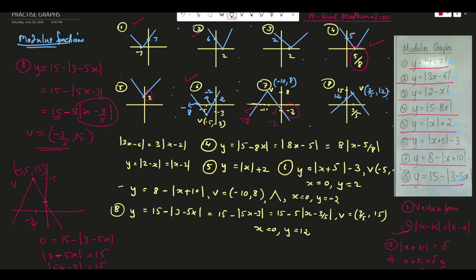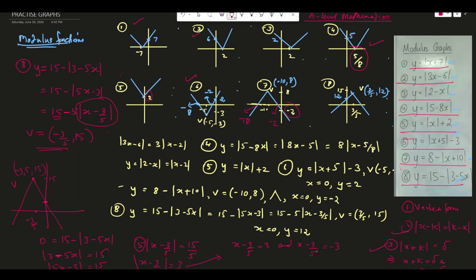Now, if I take 5 common out, this will be 5 modulus of x minus 3 by 5 equal to 15. If I bring this 5 over here, this will make it modulus of x minus 3 by 5 equal to 3. The meaning of this is x minus 3/5 equal to 3 and x minus 3/5 equal to minus 3.